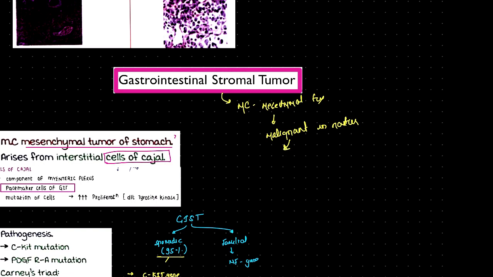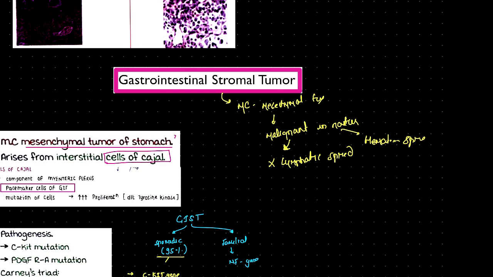It does not metastasize through the lymphatic route. So what I'm saying is, it does not have lymphatic spread, but it has hematogenous spread, right?